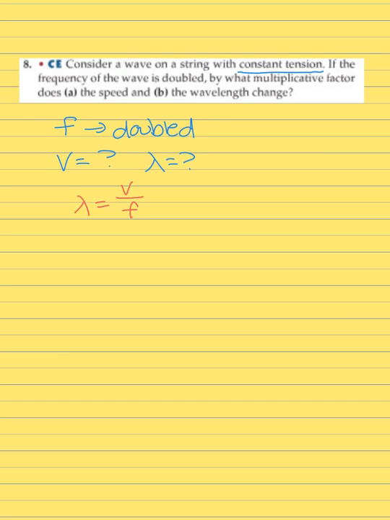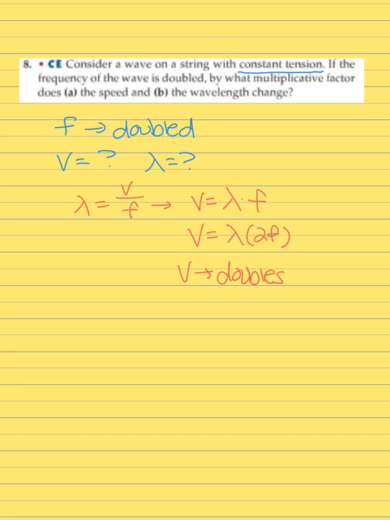So we're looking if we double f, okay? So I'm going to first rearrange to solve for v. So v equals wavelength times frequency, okay? And if I double my frequency, v also doubles. That's my direct relationship. Next up, I want to look at wavelength.